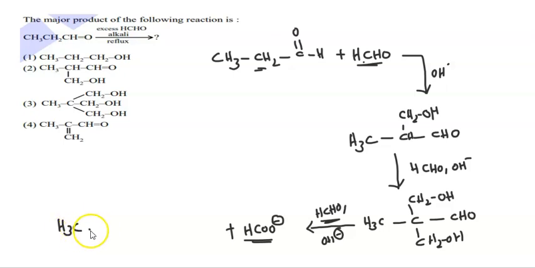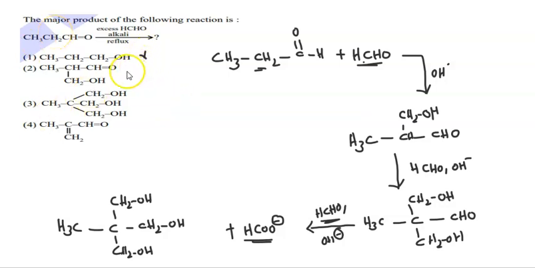So the aldehyde on reduction gives its corresponding alcohol, CH2OH-C(CH2OH)-CH2OH, and CHO has been changed to CH2OH. Formate can give a positive Tollens test. So here you have to find the major product of the following reaction. Option 3 is the correct answer for this question.